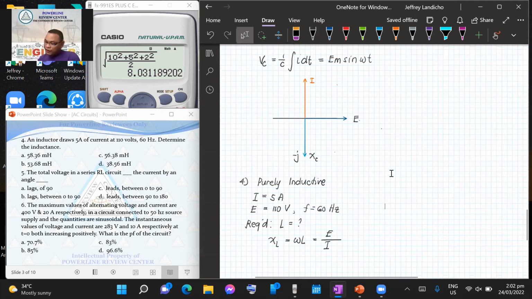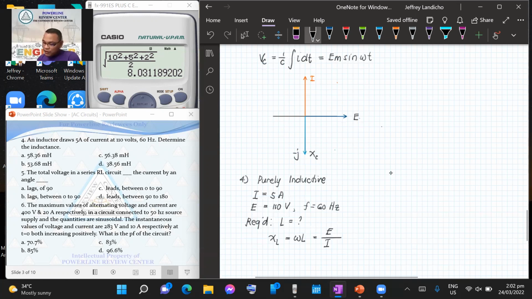So therefore, we can now say that the value of our inductance is equal to voltage 110, current 5, divided by omega, 2 pi f. Again, f is 60, so that is 377.